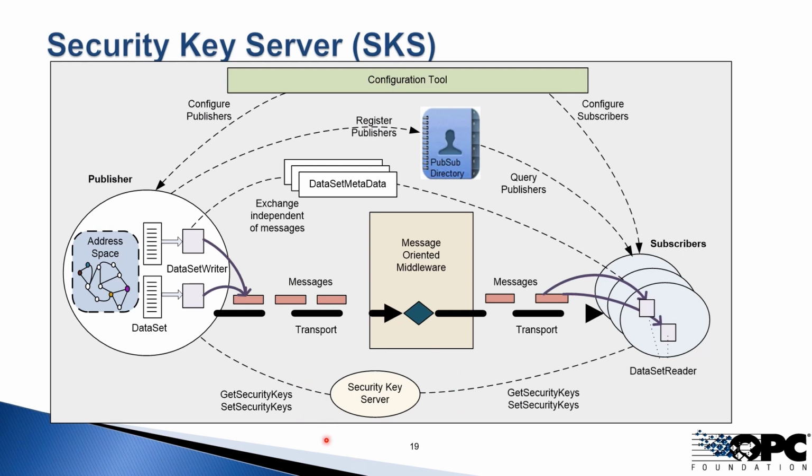So this one maybe is the only one you could say comes for free, as in when you're using the security key server, you almost don't have to do anything special to use a centralized security key server. But it is certainly important to understand that a GDS as an entity may easily be the system-wide security key server for a group of publishers and subscribers, and it's important to know that too is an example of a service that can be centralized.